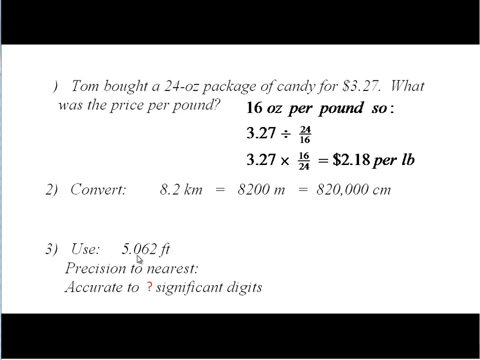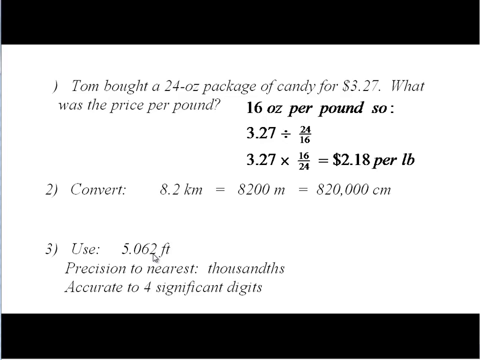Okay, if we have 5.062 feet, the precision is thousandths, because that's our decimal. We have tenths, hundredths, and thousandths. And for the accuracy, there are 4 significant digits: 1, 2, 3, 4.